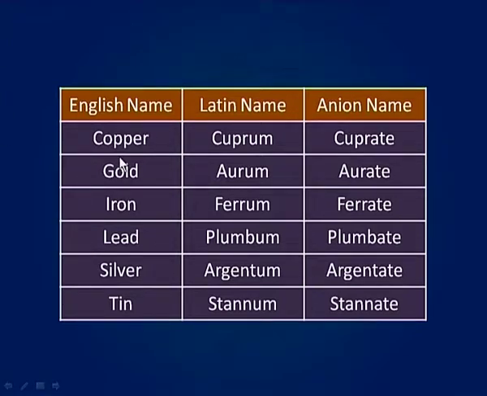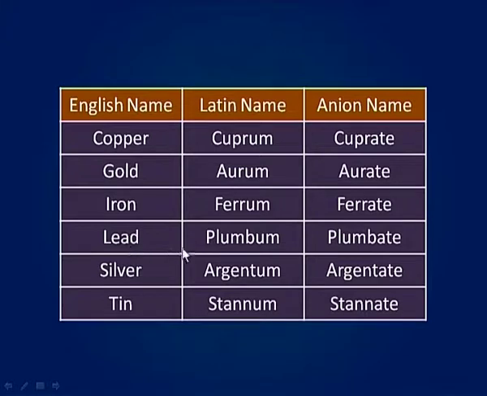Copper has its Latin name as cuprum, and when we name the anionic complex, copper is named as cuprate. Gold is named as aurate based on its Latin name aurum. As iron has the Latin name ferrum, hence it is named as ferrate.